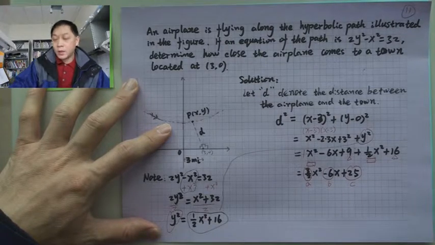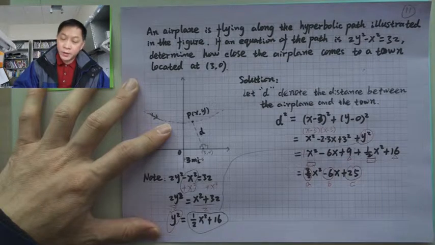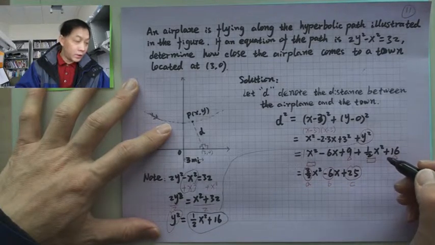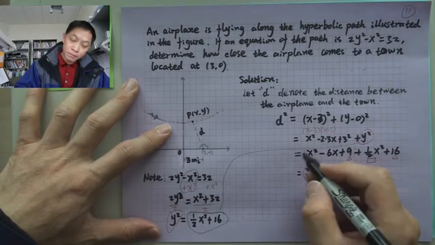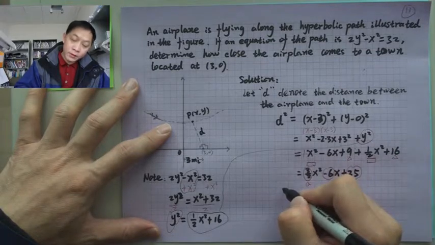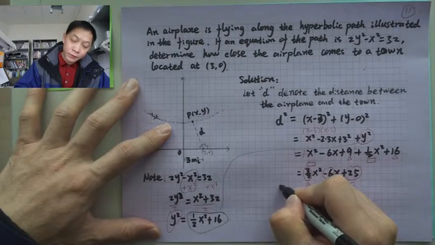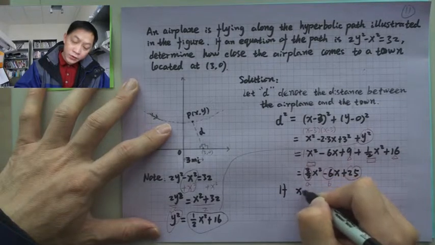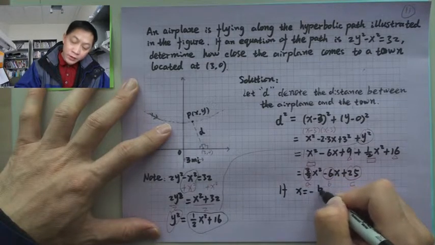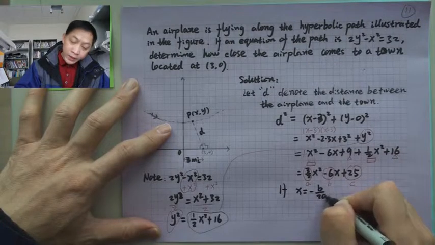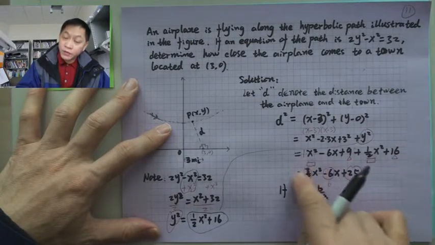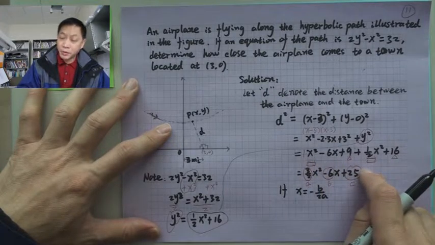If you remember the characteristic of the quadratic function, when x equals negative b over 2a, the quadratic function will have either a maximum or a minimum.